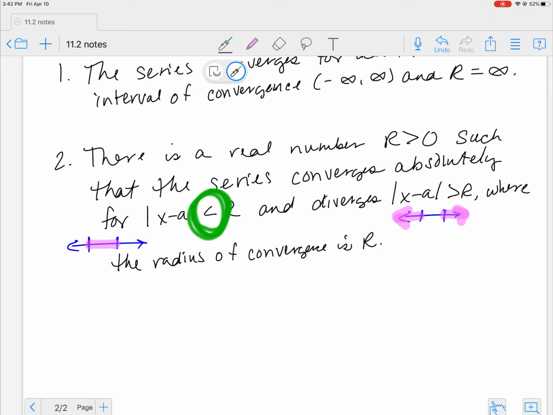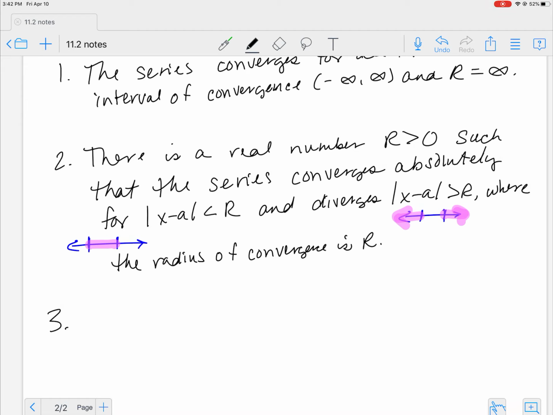This is just a symbol, part of the formula of what we're looking at, but I don't want you to get lulled into a false sense there. We are going to have to test the endpoints to see if it is brackets or parentheses, whether it also converges at the endpoints or not. All right, so that is the symbol. However, heads up, that's coming at you.